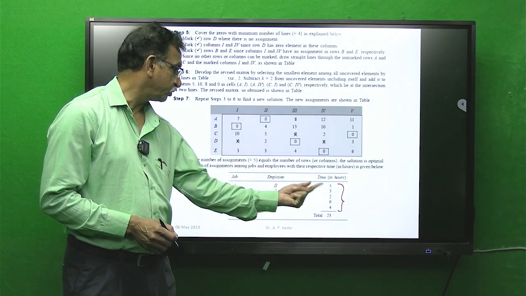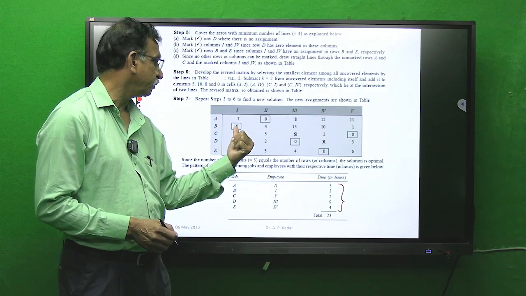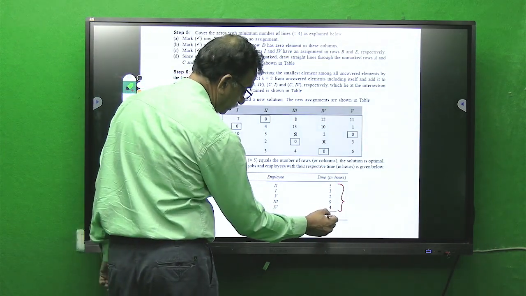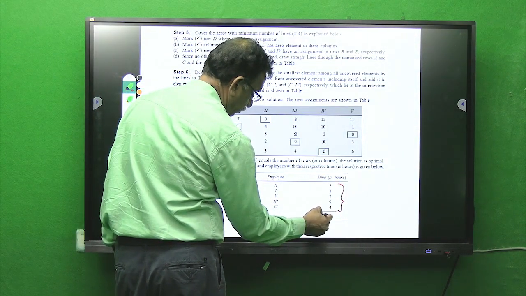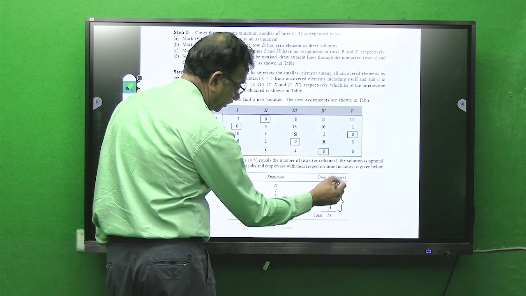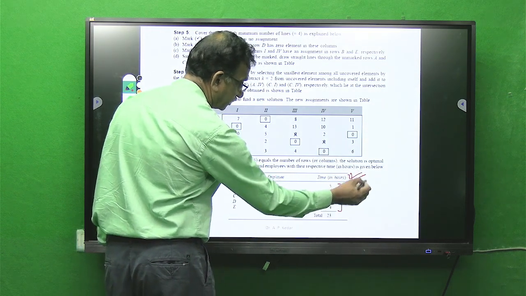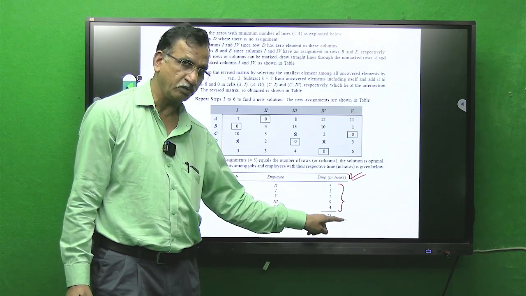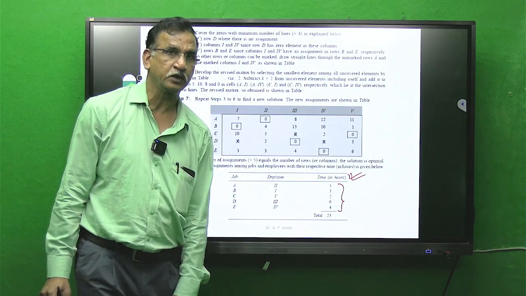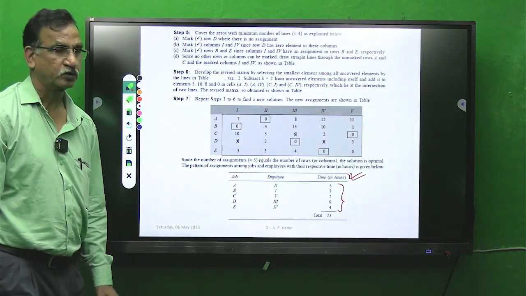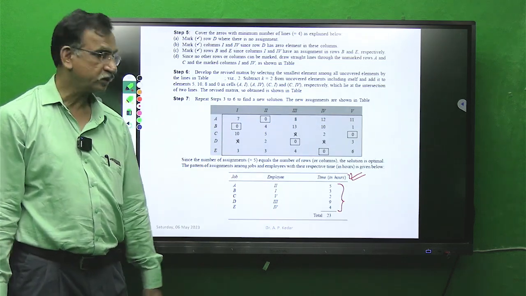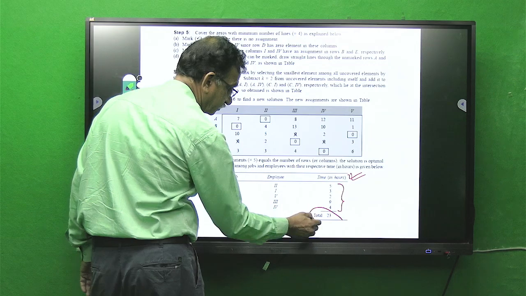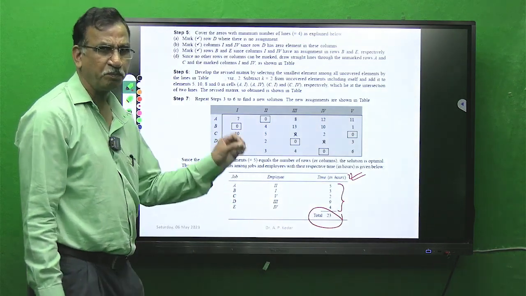We have picked up 3 which pertains to the combination of B1, like that, and sum up. This is the answer. Total 23. Since the unit is written over here as hours, there is no need to write 23 hours again, because it is already mentioned that this particular assignment needs 23 man hours, which is the minimum one.